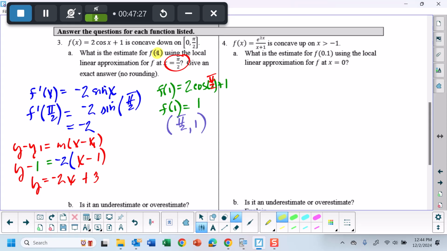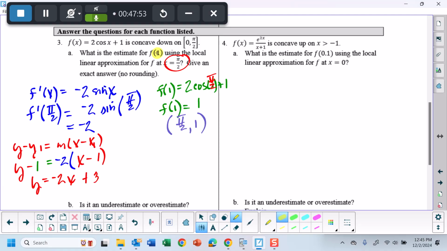I take the derivative, pi over 2 is 3.14 divided by 2, right? So 1 is pretty close. So an input of pi over 2 gives me an output of 1.